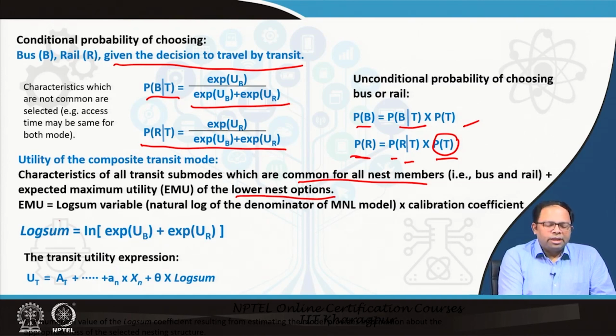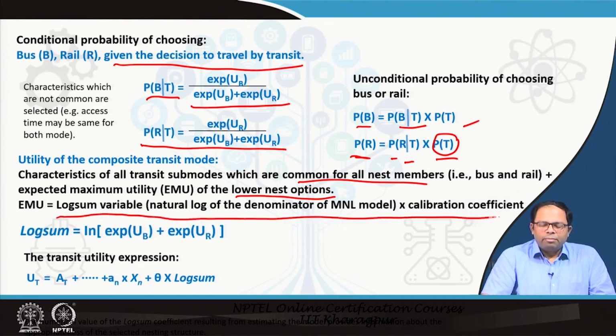EMU is actually estimated using the log sum variable, which is the natural log of the denominator of the MNL model, into a calibration coefficient, which is nothing but the scale parameter. So, here this log sum is log of exponential UB plus exponential UR.